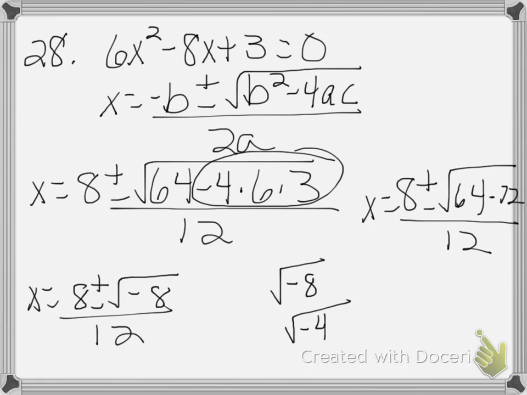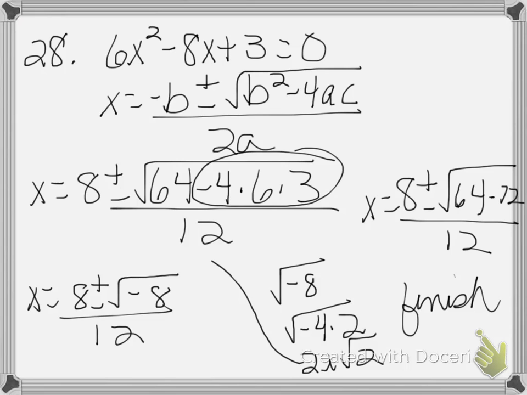You have to simplify that to negative 4 times 2, that's 2i square root of 2, and then we would replace that, and then you need to separate it by putting 8 over 12 plus or minus 2i square root of 2 over 12 and simplify, and you can finish.